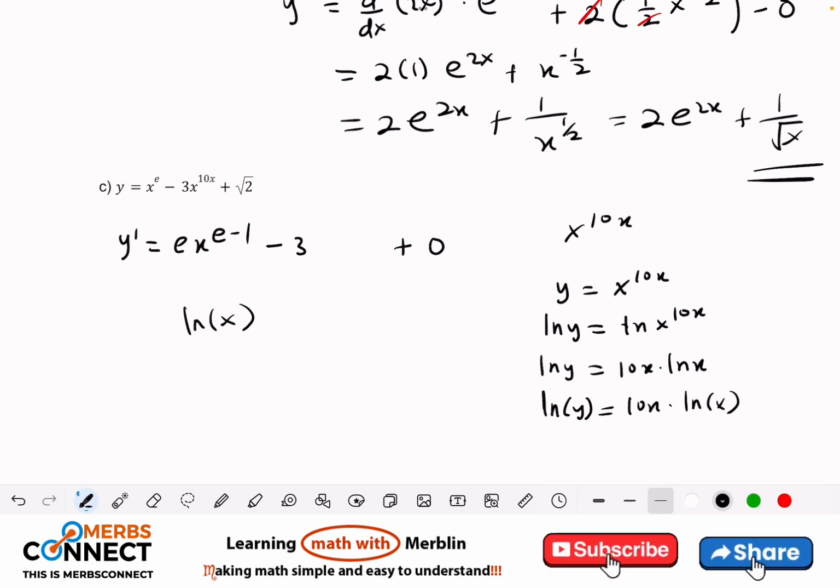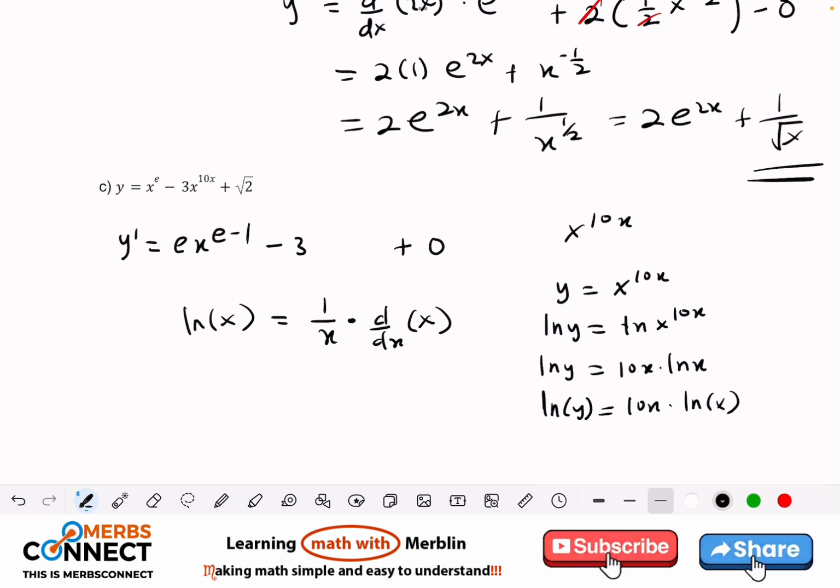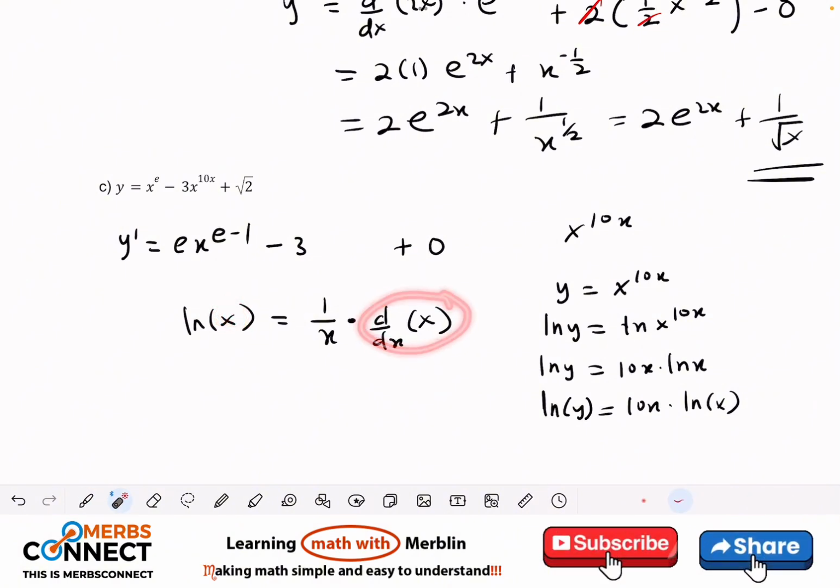To differentiate an ln function, it's 1 over what is inside the parentheses times the derivative of what is inside the parentheses. So mostly, instead of writing it like this, I do 1 divided by x times the derivative of what is inside the parentheses. So I put the prime on here.